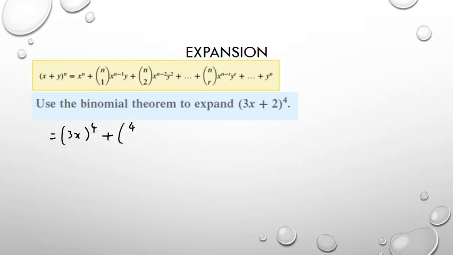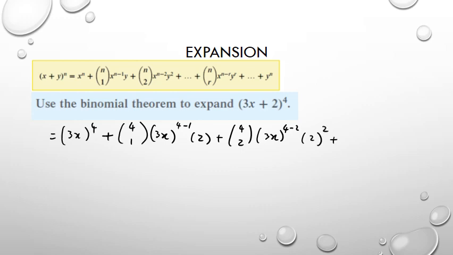Write up the first one, which is 4C0 (3x)^4, then plus 4C1 (3x)^(4-1) times 2, plus 4C2 (3x)^(4-2) times 2 squared, then 4C3 (3x)^(4-3) times 2 to the power 3, plus 4C4.